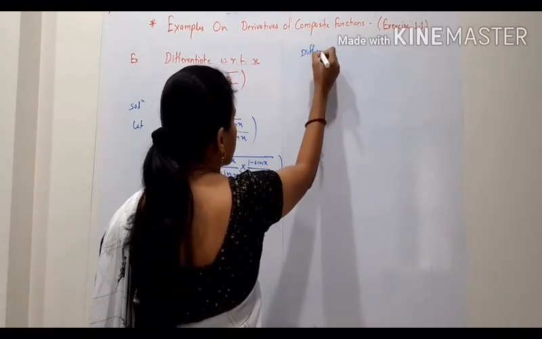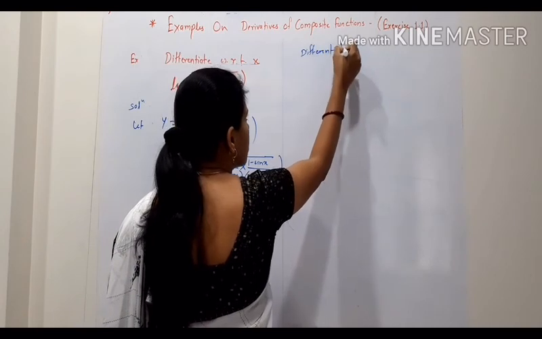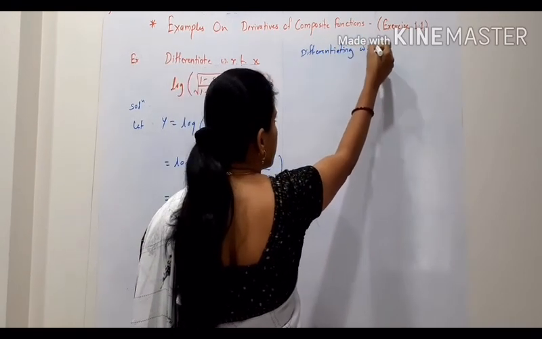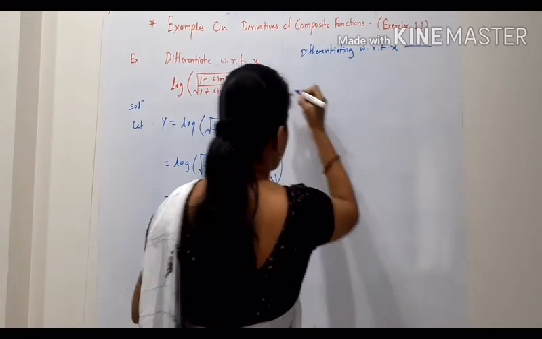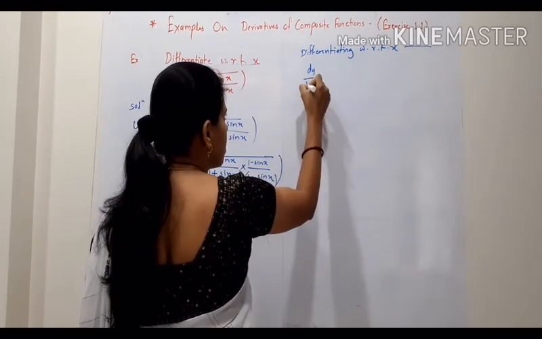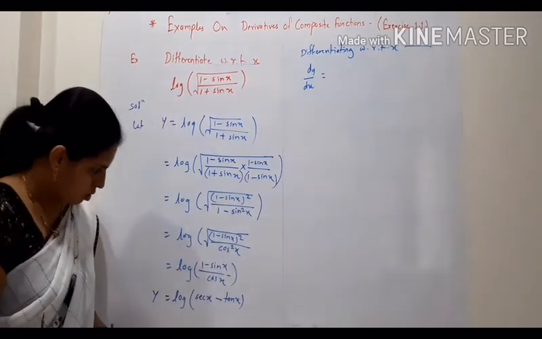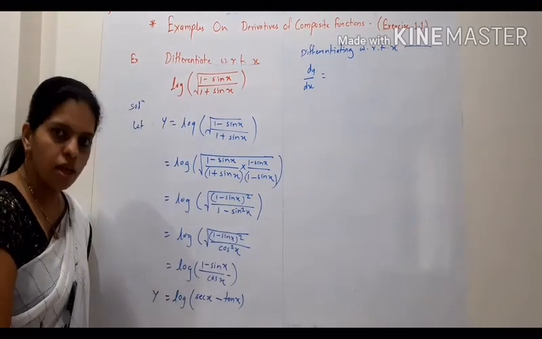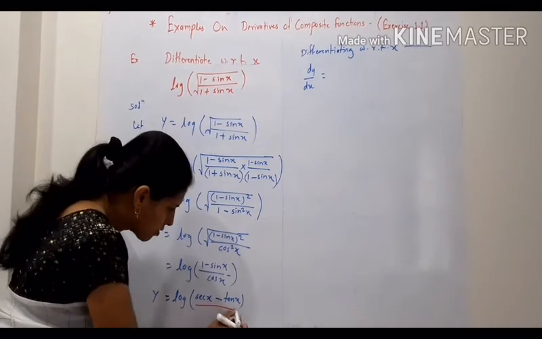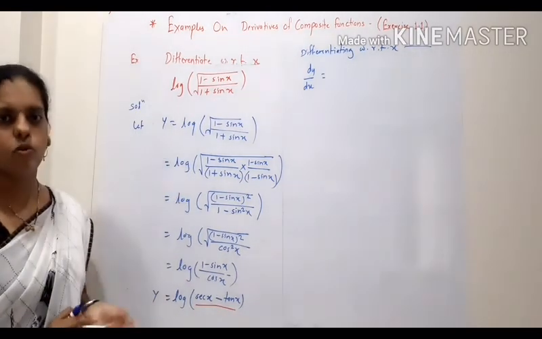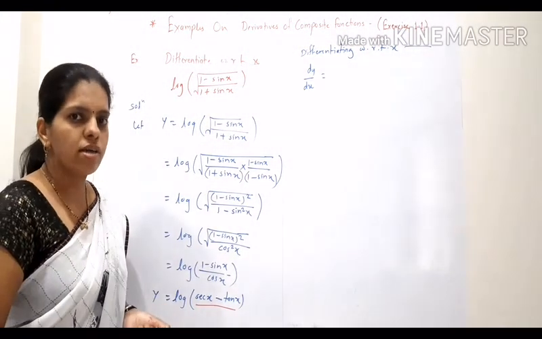So differentiating with respect to x on both sides, dy by dx is equal to, so use the formula of log f(x). Treat this as the f(x) in your mind and use the formula: derivative of log x is 1 upon x.